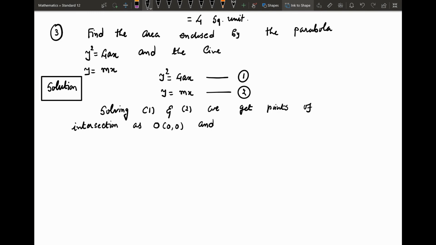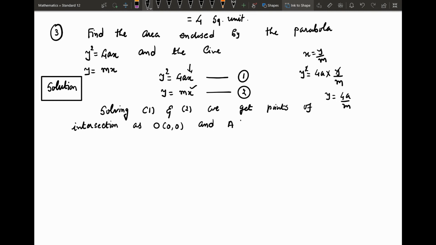and this is the origin, say O, and from the second equation x equal to y by m, substitute it here. So y square equal to 4a into x, y by m. So we can cancel one y, so y equal to 4a by m.